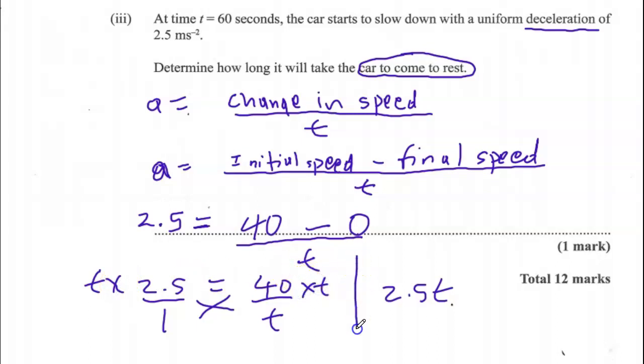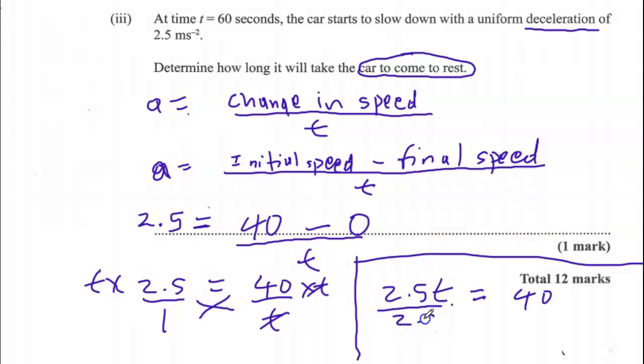Same result. So 2.5t is equal to 40. And to get t, we divide both sides by 2.5. So t equals 40 divided by 2.5. That's 16.